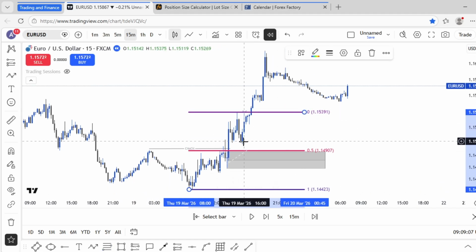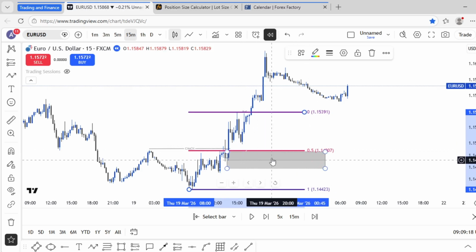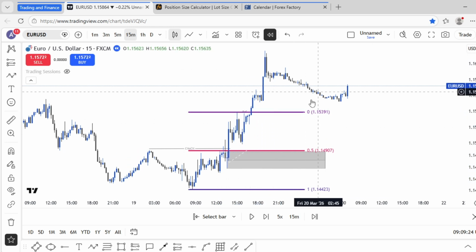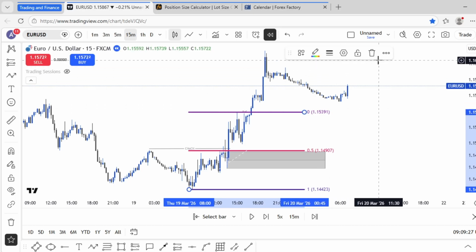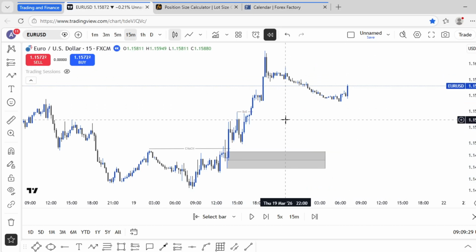When I look at it, price reversed at less than the 50%. At least it should tap into the 50% Fibonacci retracement and then reverse. But in this case, the market didn't get to that, so I don't consider it a valid break of structure.